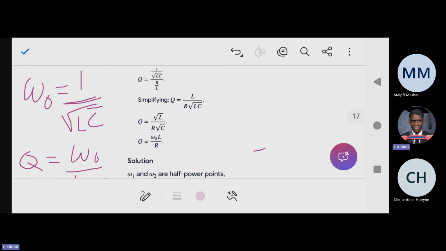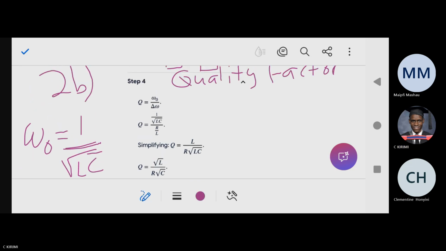So here they just replaced W naught with the 1 over root of LC on this step, in the numerator. Are you following now? Then on the denominator, we have change in omega, that is R over L.